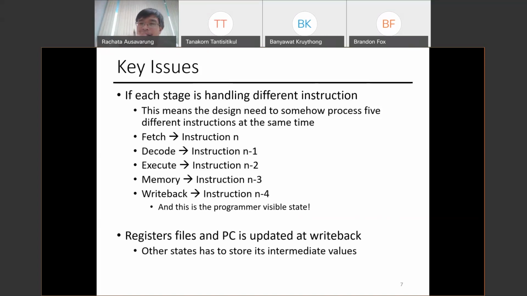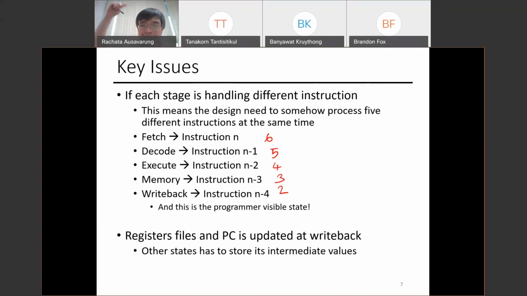So let me put it this way: n is just a random number, a relative value, right? So let's say fetch is handling instruction 6 right now. It means that the earlier instructions would be the instruction on line 5, line 4, line 3, line 2 of your assembly code.